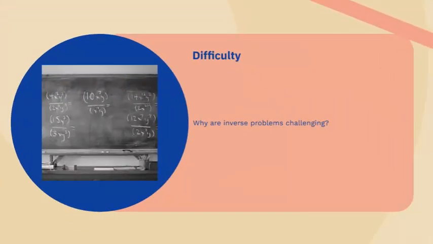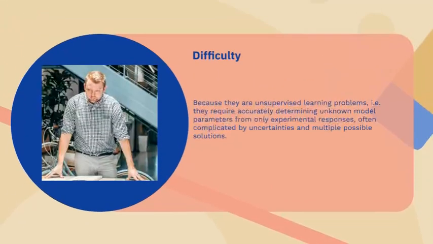So what is so difficult about inverse problems? Why are these problems so challenging to solve? Well, first off, because they are unsupervised learning problems. They require that we accurately determine unknown model parameters, the correct model parameters, when we only have available experimental responses and a model.